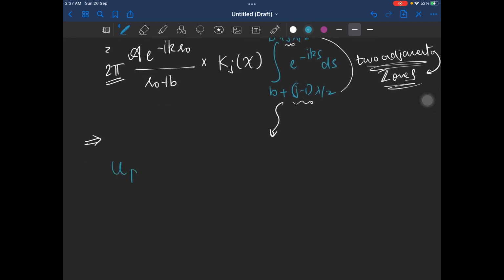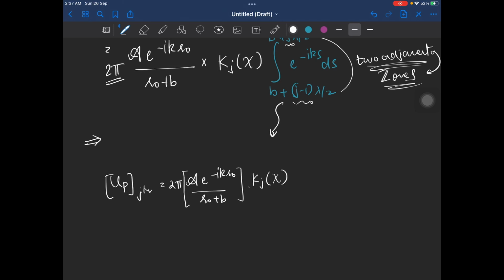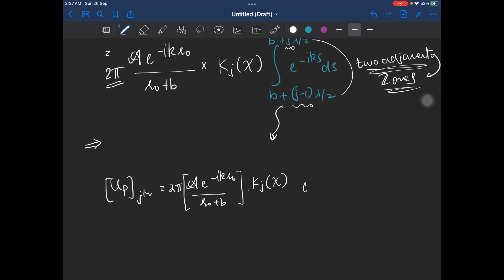U_P due to the jth zone is equal to A e^(-ikr naught) by (r naught plus b), 2 pi, K_j times chi.